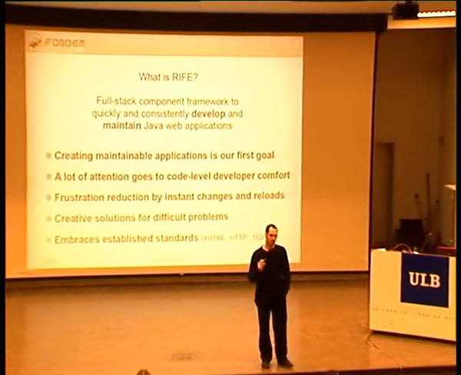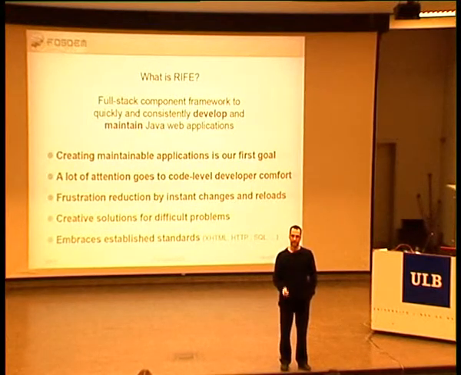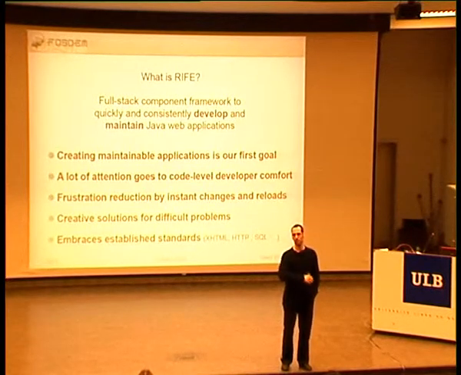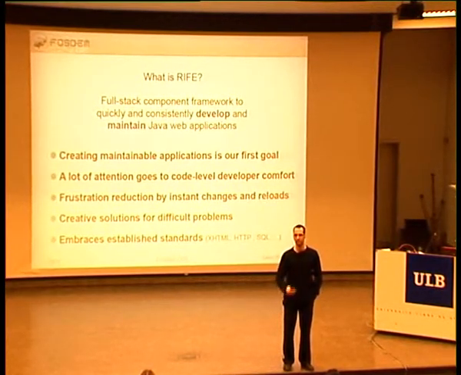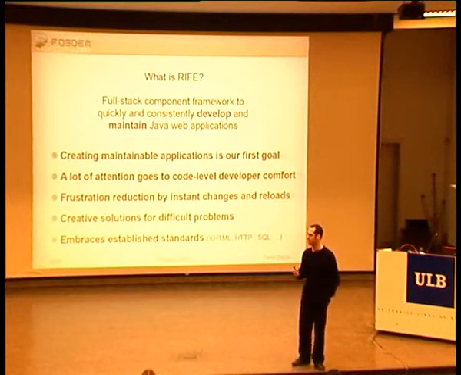Quick is important, but another thing that's even more important is that you have to be able to maintain your application easily. You have to be able to take your code over a long period of time and not spend a lot of time on understanding it over and over again. It doesn't have to be difficult to refactor it. It doesn't have to be difficult to pass it on to another developer.